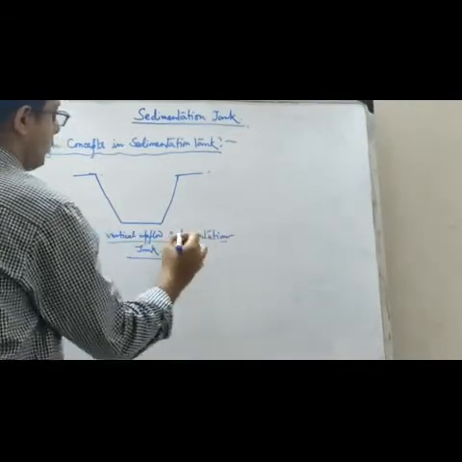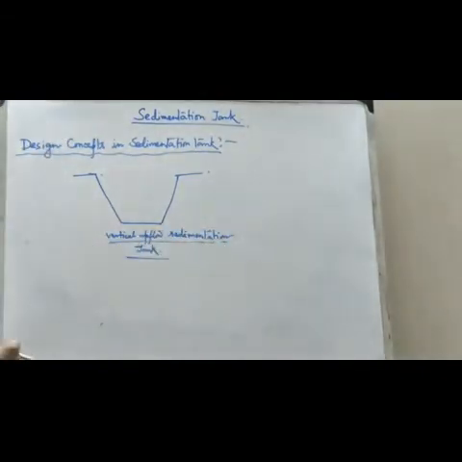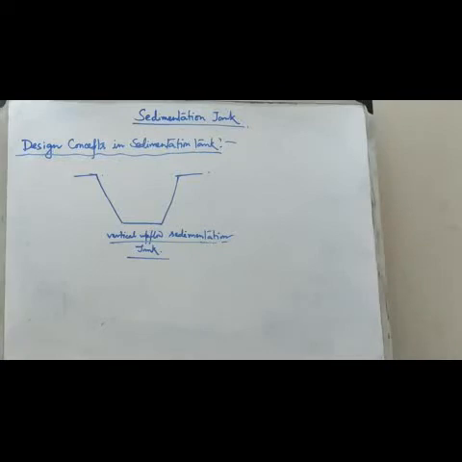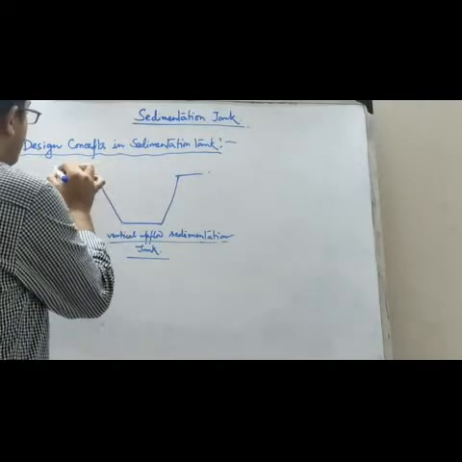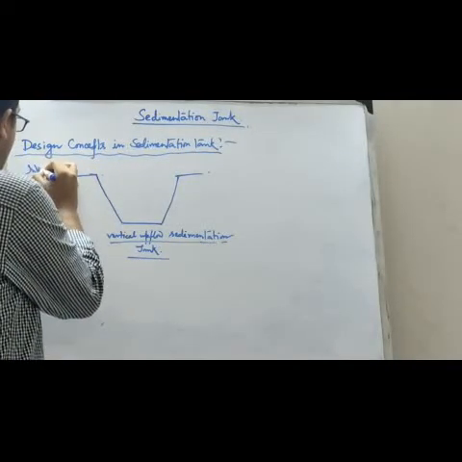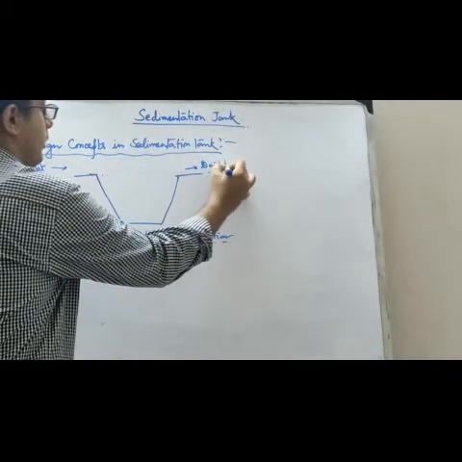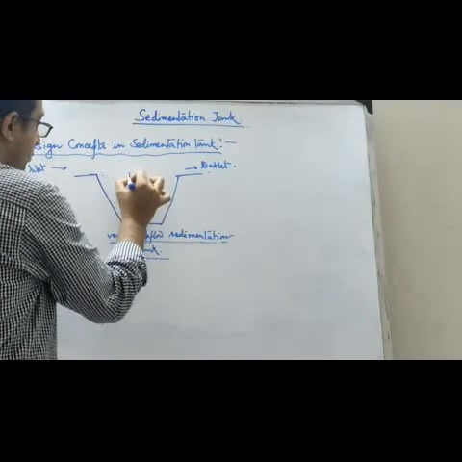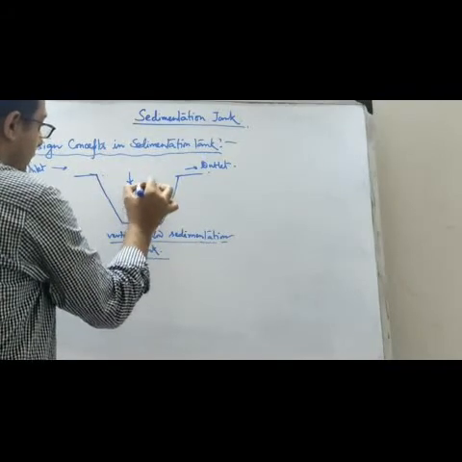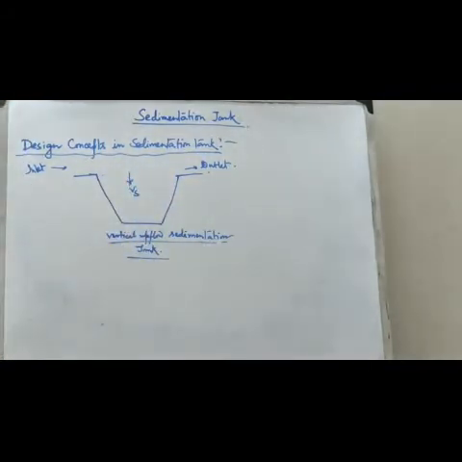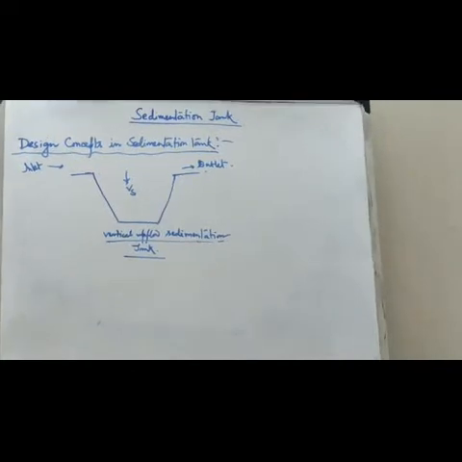There are two types of velocities here. Suppose this is the inlet and this is the outlet. The first one is the settling velocity, the velocity by which the particle can settle down.